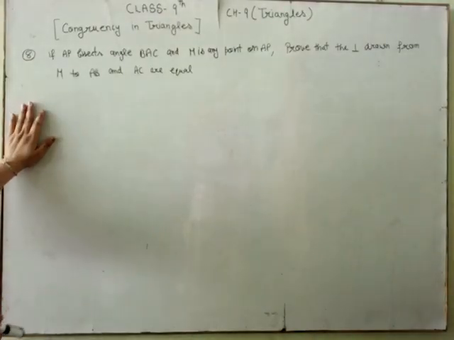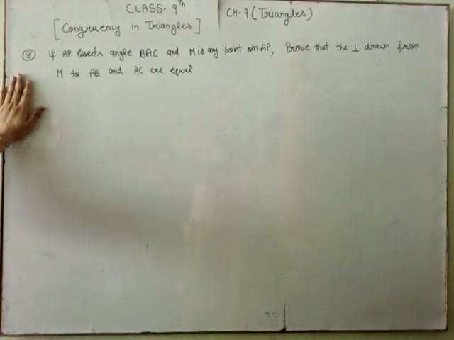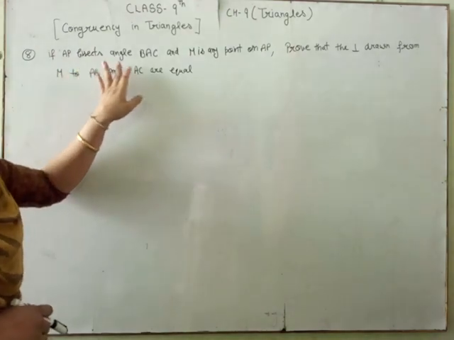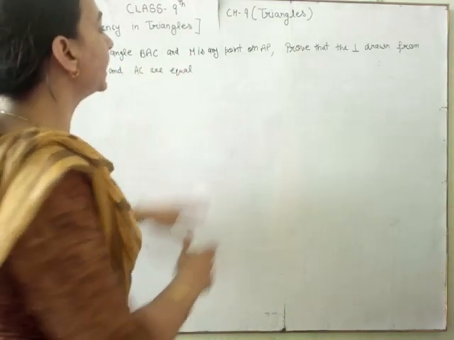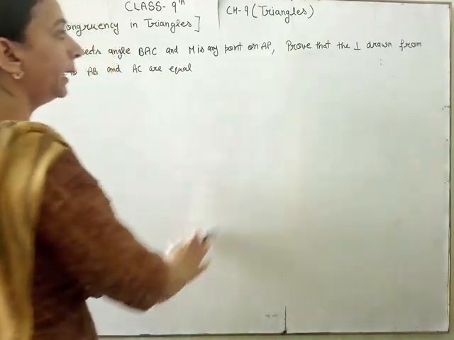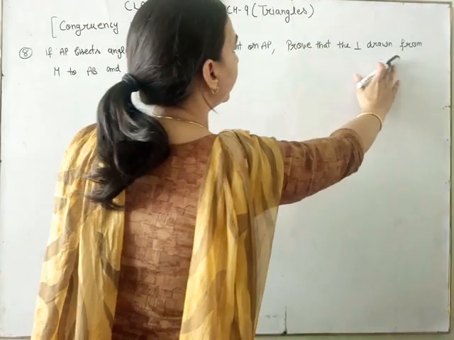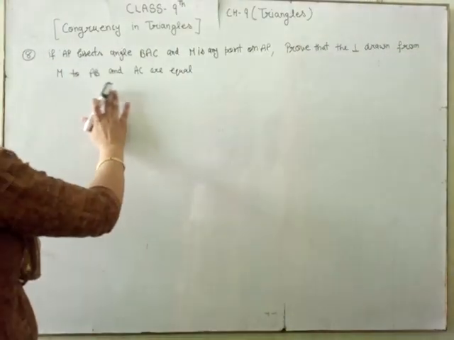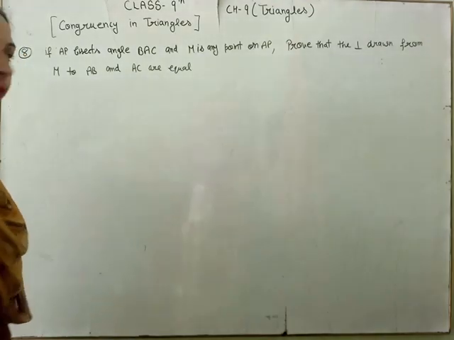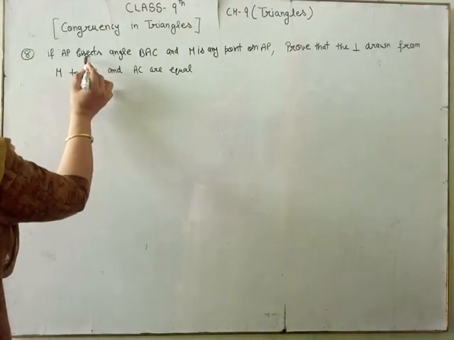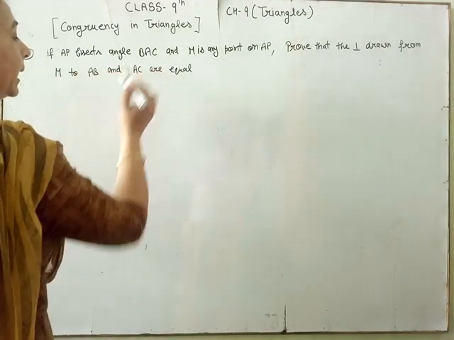Students, this is question number 8 of this exercise. If AP bisects angle BAC and M is any point on AP, prove that the perpendiculars drawn from M to AB and AC are equal. First, given AP bisects angle BAC.